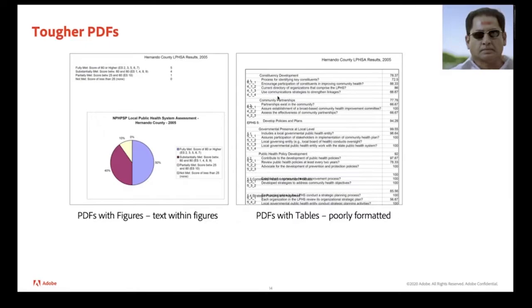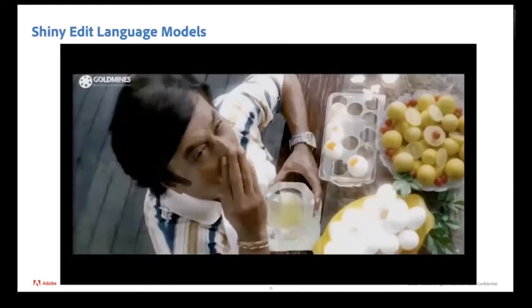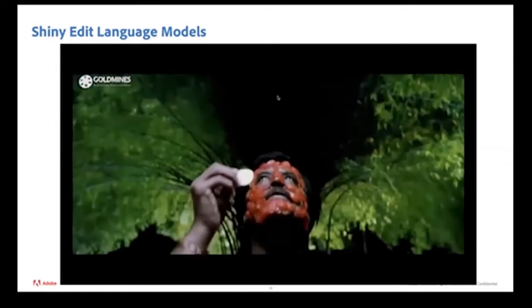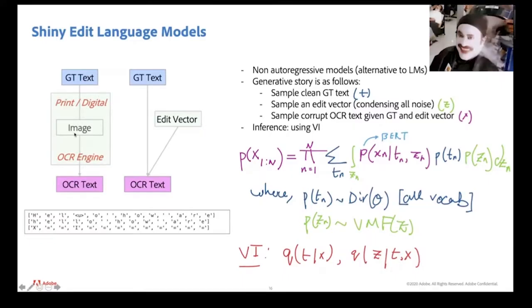So we tried some fancy models, like edit language models, to solve this issue, where the input is the ground truth text, the OCR text, and the output is the ground truth text. But in these edit language models, we collapse this entire thing into an edit vector.